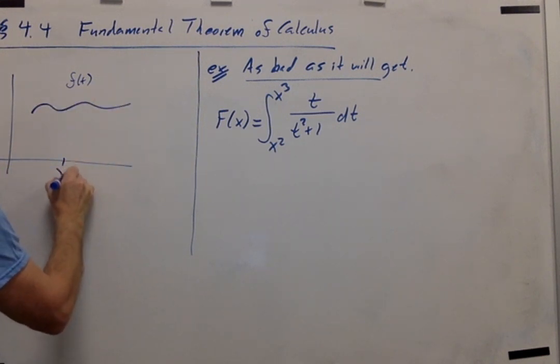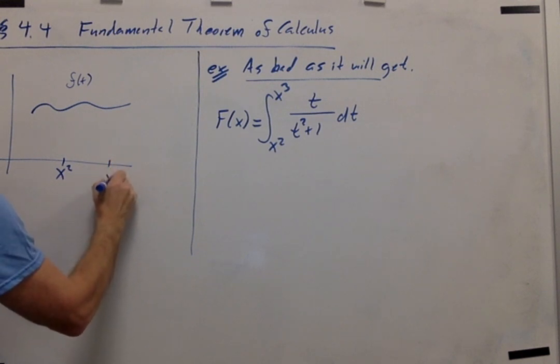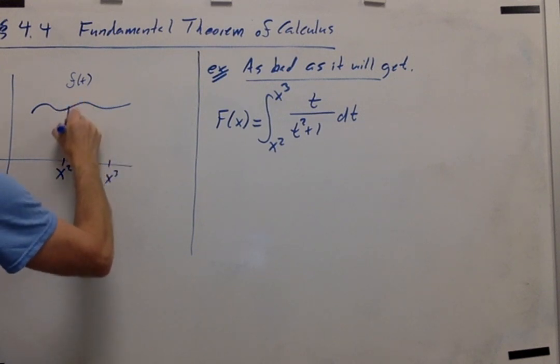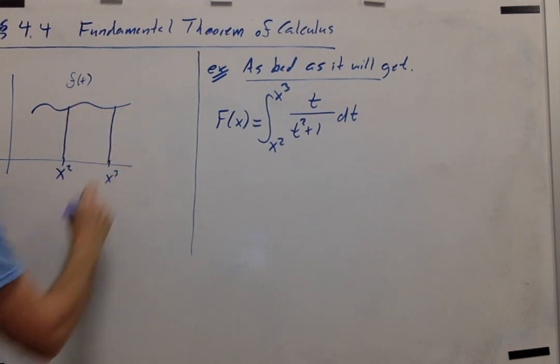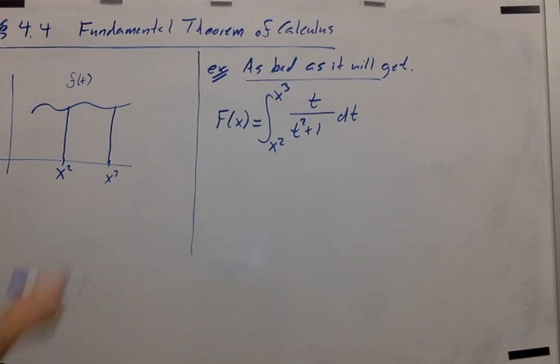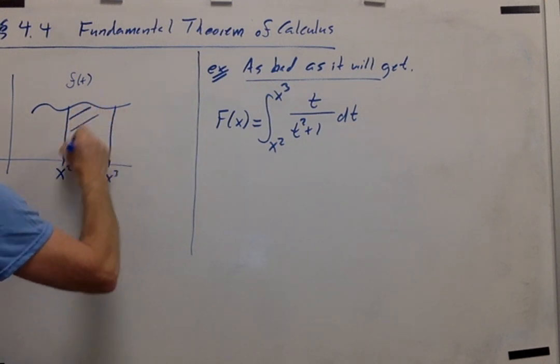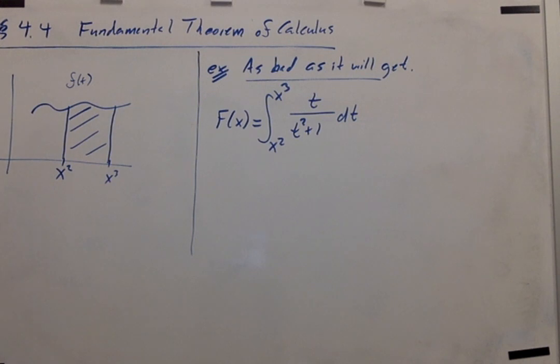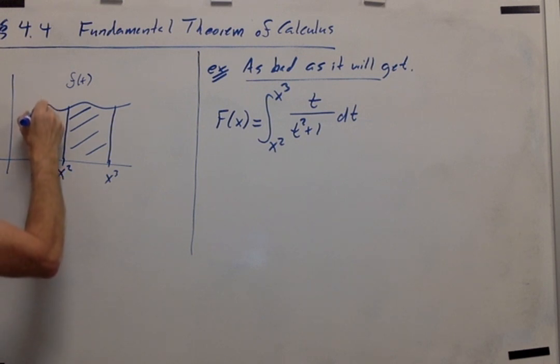And we're integrating from x squared to x cubed. So the integral goes from here to here. The cumulative area function represents this area in between. What we're going to do is we're just going to pick some number. I'm going to choose 1, but the particular number is not important.